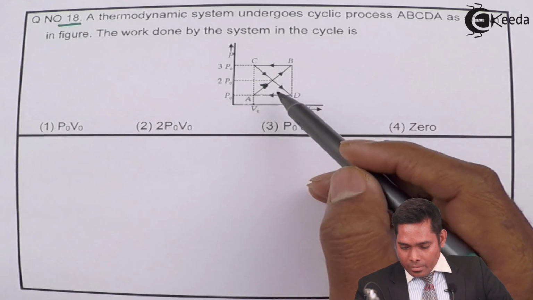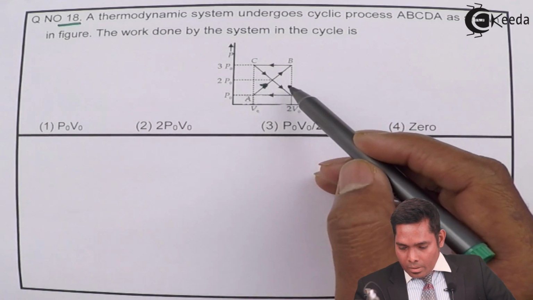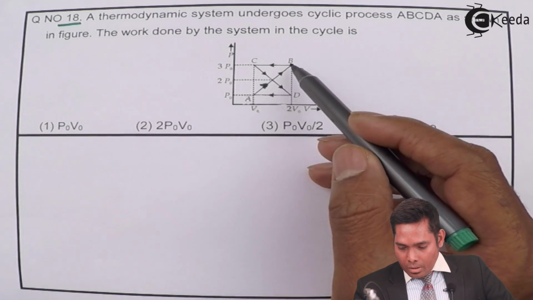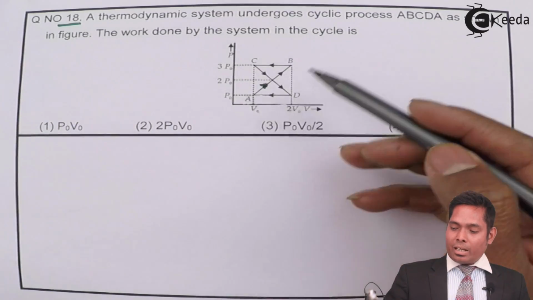It should be like that, because it should be A to B, then C, D, A. So again A, B, C, D, A, cyclic process.